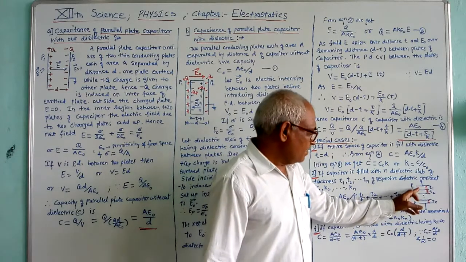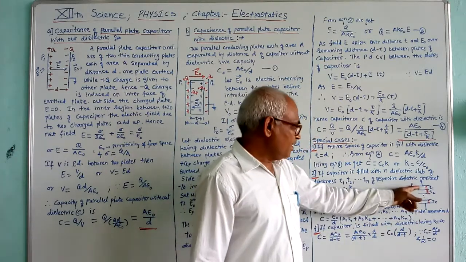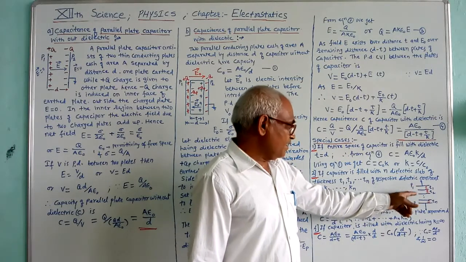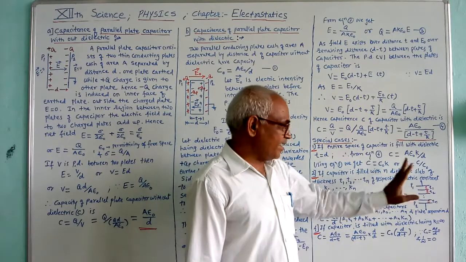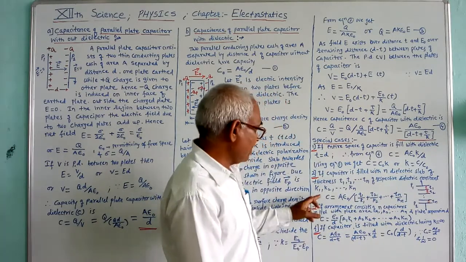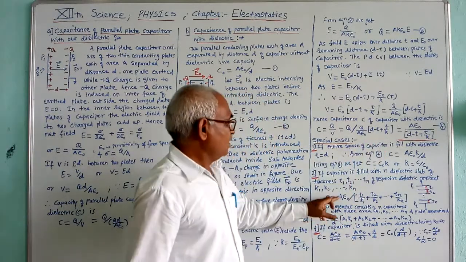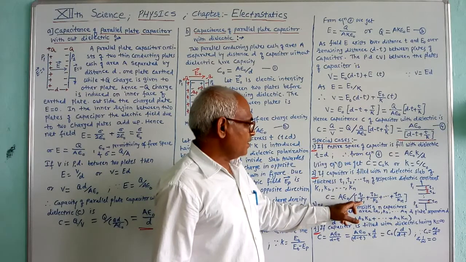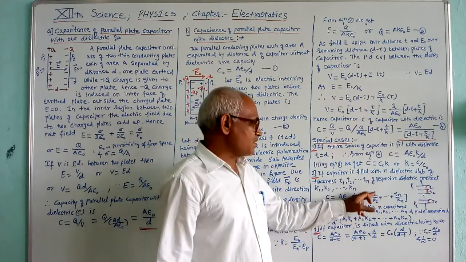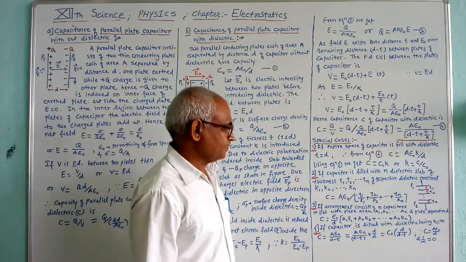That means between these two plates of the capacitor, if N dielectric slabs are kept having different thicknesses and dielectric constants, then in that case its capacity, by using this equation, is equal to A epsilon 0 divided by T1 upon K1 plus T2 upon K2 plus so on plus Tn upon Kn.